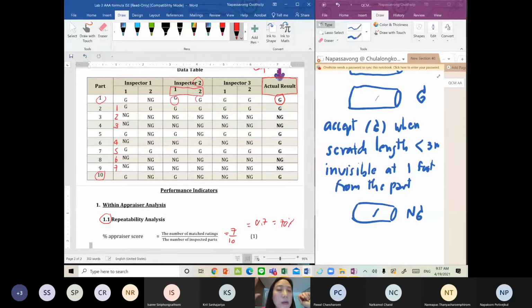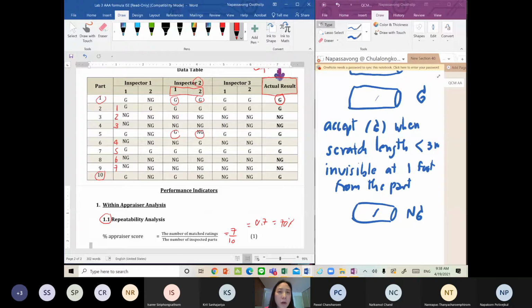That is a good thing. For part number 5, for example, the results are not consistent, so that means it's not good. They cannot repeat the result. But good inspection is that if they inspect the same part 2 times, they should give the same result.